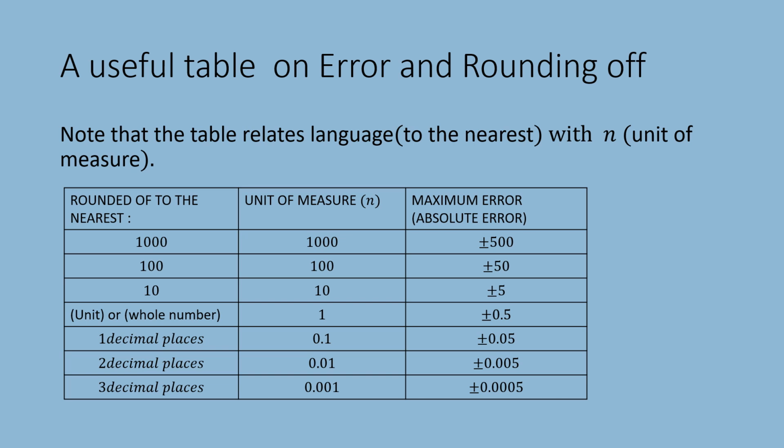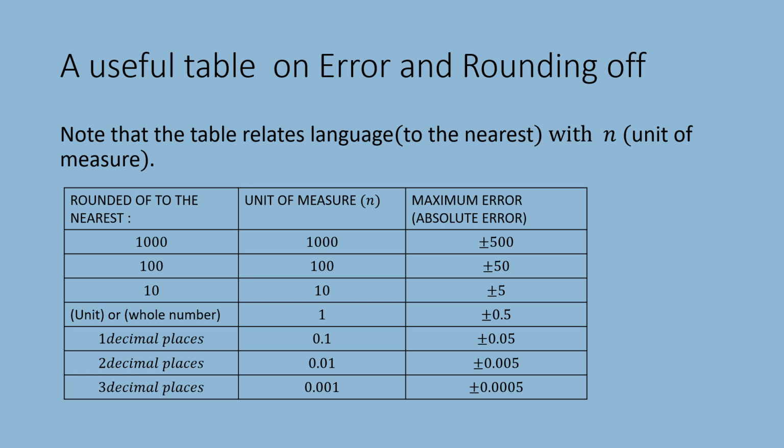So when the value is rounded off to the nearest 1000, this is a whole number. It simply means the unit of measure is going to be 1000, and the maximum error is going to be unit of measure over 2, in this case 1000 over 2.